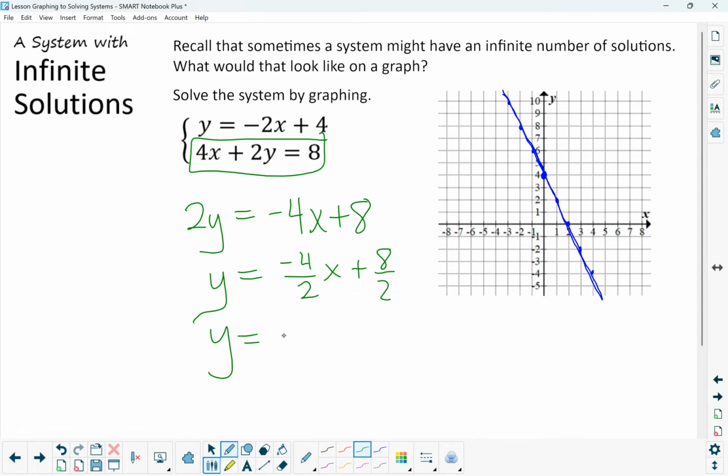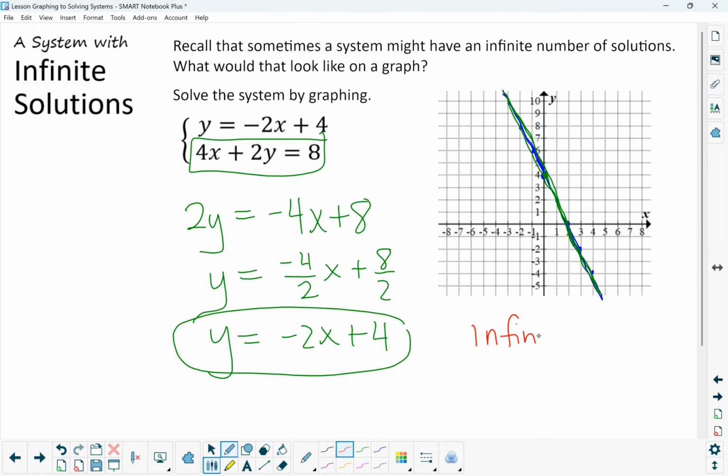And that is y is equal to negative 2x plus 4. That's the same line. It starts at 4 and it has a slope of negative 2. So every point that's on the blue line is also a point on the green line. So the two lines are the same. The two graphs are the same. So this is a case of infinite solutions.